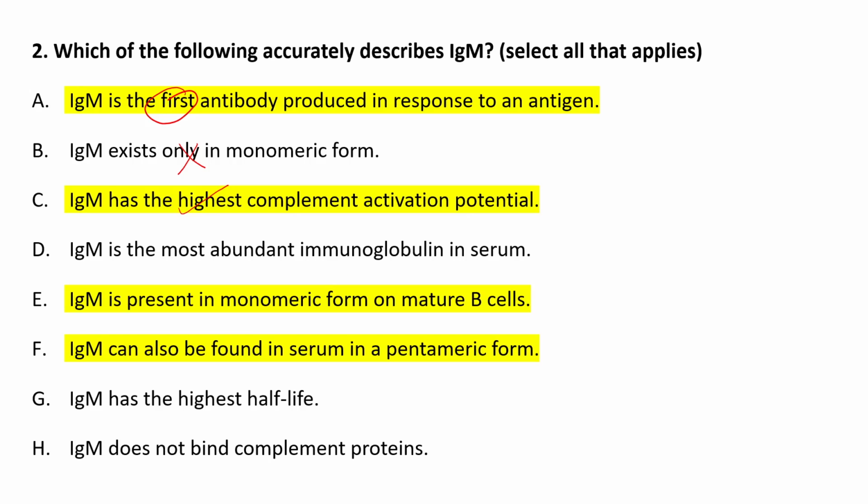IgM is the most abundant immunoglobulin in the serum? No, IgG is the most abundant immunoglobulin. IgM is present in monomeric form on mature B cells? Yes, on mature B cells it is present in monomeric form. And IgM can also be found in serum in a pentameric form? Yes, it can be both.